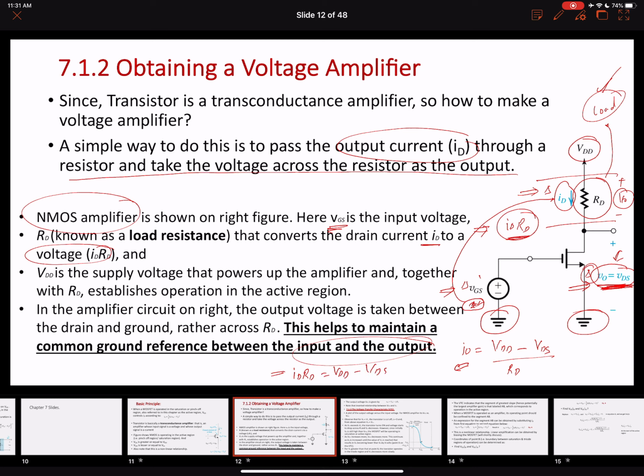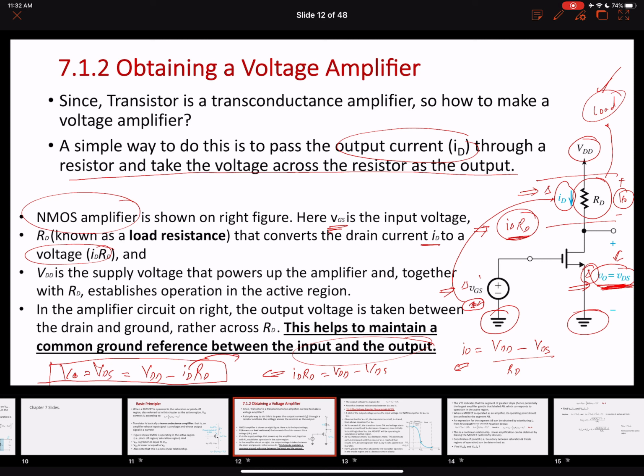So if I take VDS out, VDS equals VDD minus IDRD. And this VDS is also equal to V0. So this is the input-output relationship of the amplifier.